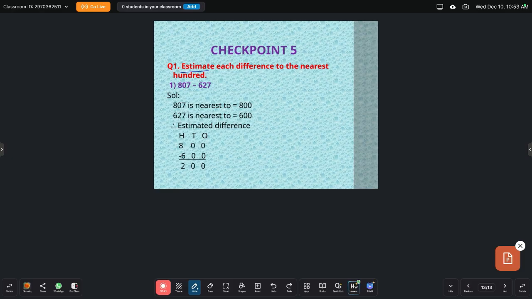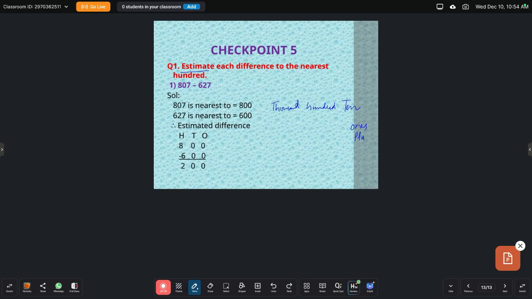Nearest 100. As I explained before in addition, how we round off the numbers to the nearest 10, nearest 100, and nearest 1000. To round the number to the nearest 10, we have to check the digit at ones place.